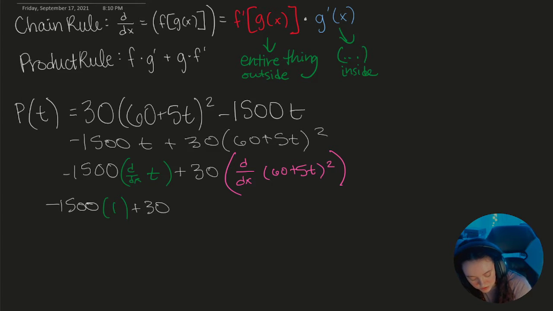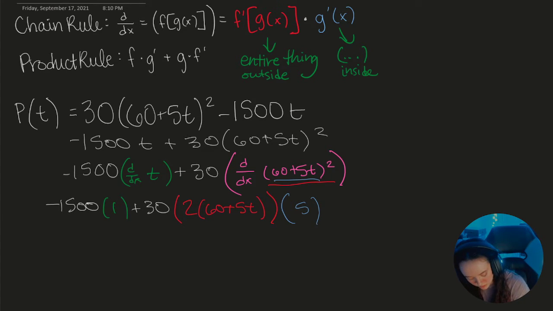So I'm going to go back to using my red and blue for this part. So we would multiply it by the derivative of the entire thing, which is going to be 2 times (60 plus 5t), times the derivative of the inside, which is just going to be 5. Okay?